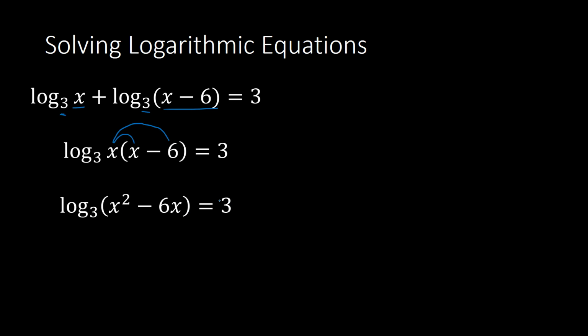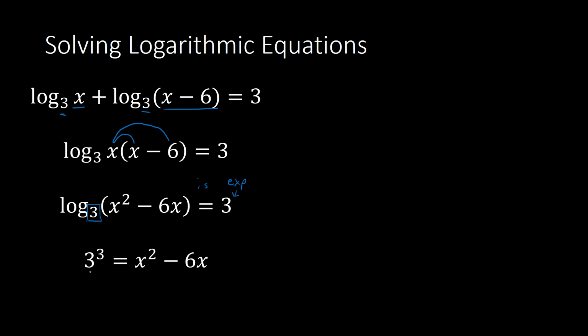And what I can do now is convert out of logarithmic form in order to solve for x. So here the base is 3, so the base in exponential form would also be a 3. A log is an exponent, so the 3 over here is your exponent. So what I have is 3 to the 3rd power equals the x squared minus 6x.